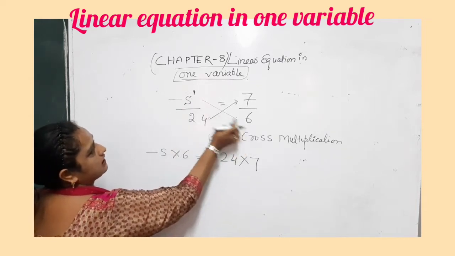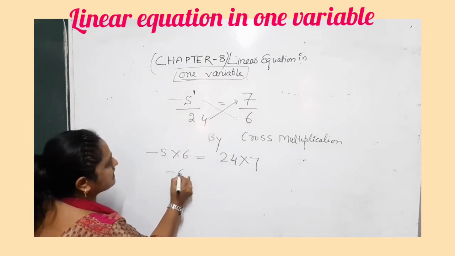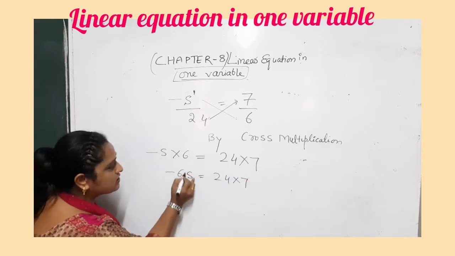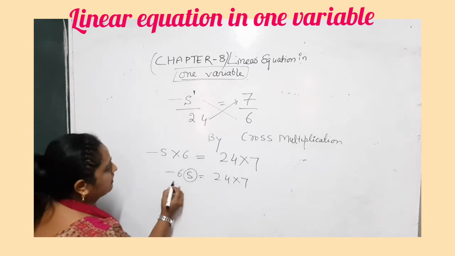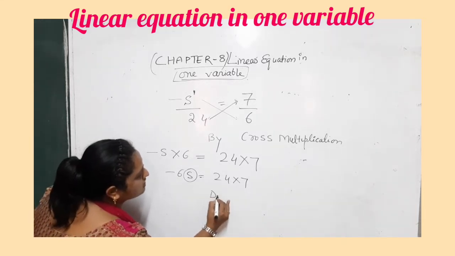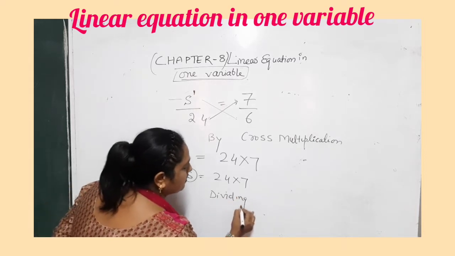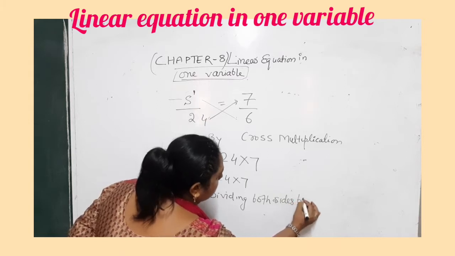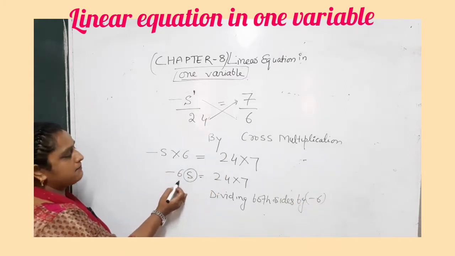Whenever we multiply opposite sides, minus 6s is equal to 24 into 7. Now we have to isolate this s and find the value of this variable. We have to divide both sides by minus 6, because s is multiplied by minus 6.